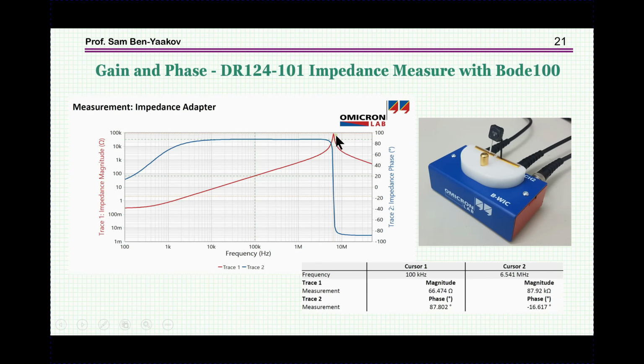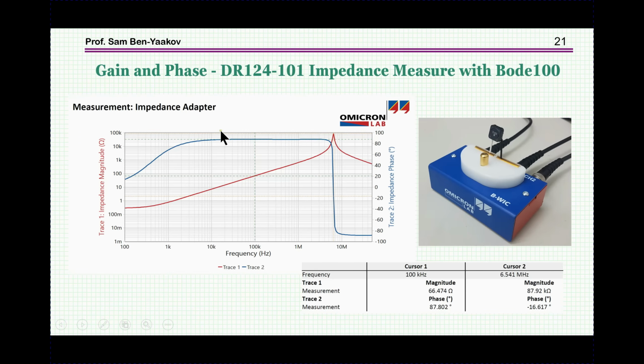And then we come to the peak value. This is the resonance of this element, beyond which of course you wouldn't like to work, because you are losing all the inductance behavior. So the operation region will be up to, say, 2 megahertz, if you'd like to work up to there.